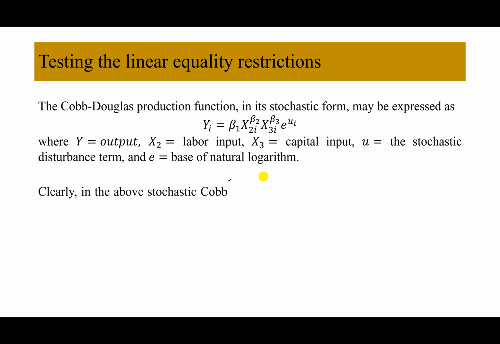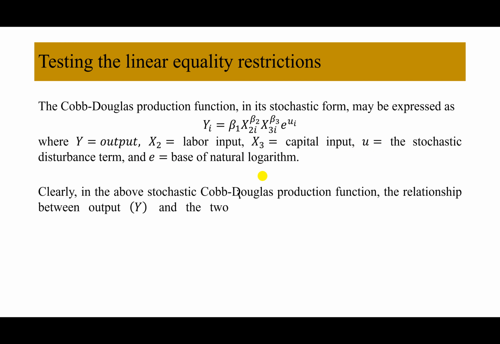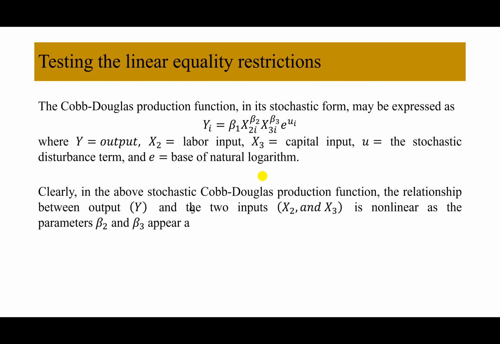Clearly, in the above stochastic Cobb-Douglas production function, the relationship between output y and the two inputs x2 and x3 is nonlinear, as the parameters beta 2 and beta 3 appear as the exponents of the variables x2 and x3 respectively.